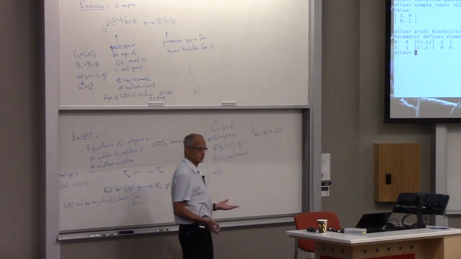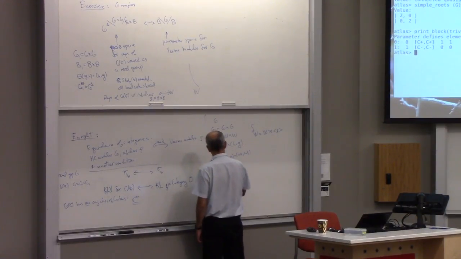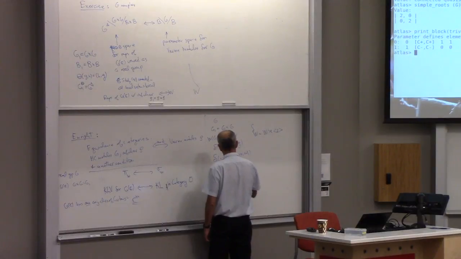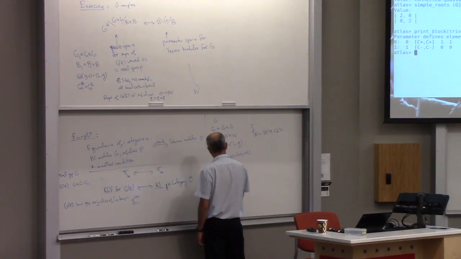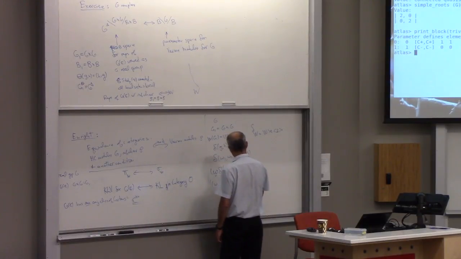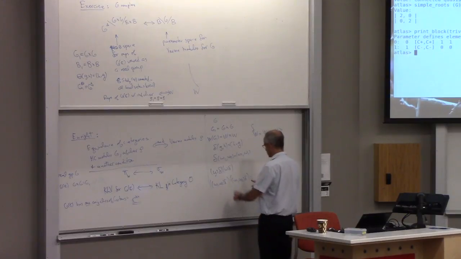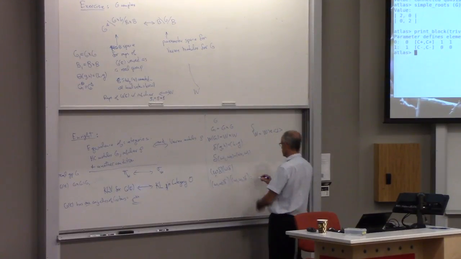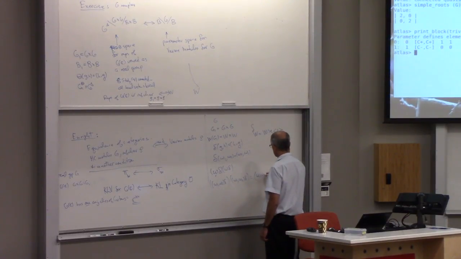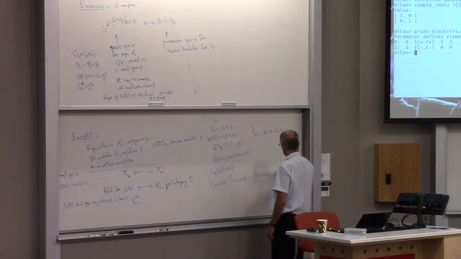What's the condition for it to be an involution? Well, W delta times W delta. So you write W as W1, W2 delta times W1, W2 delta. And when you pull this past, you get W1, W2, W2, W1.